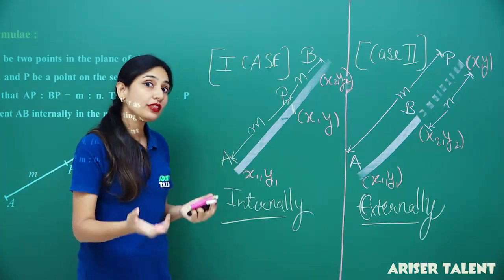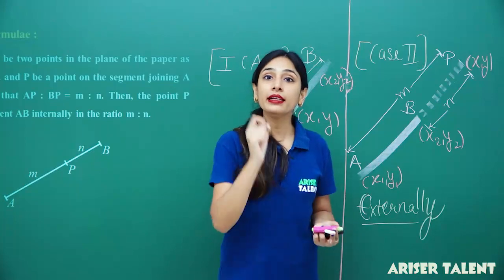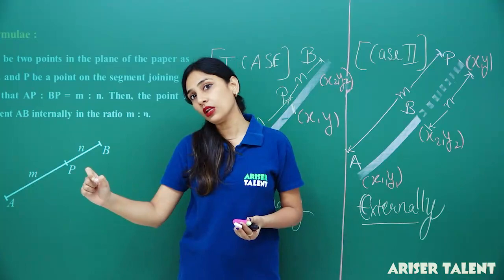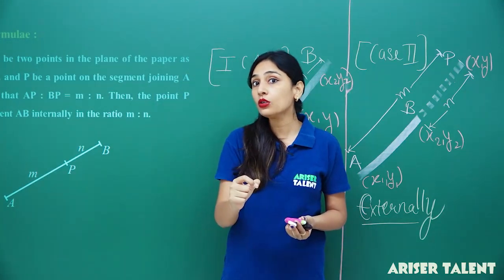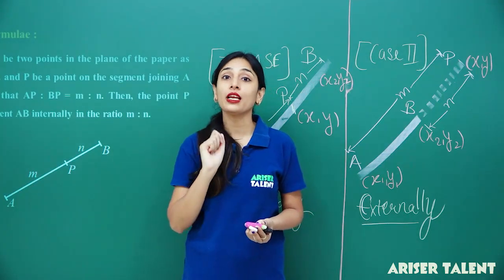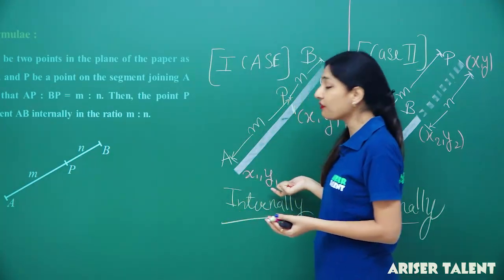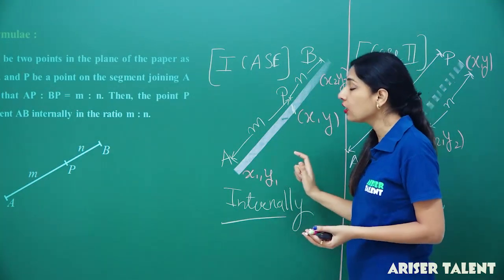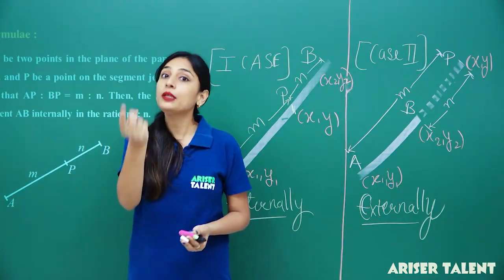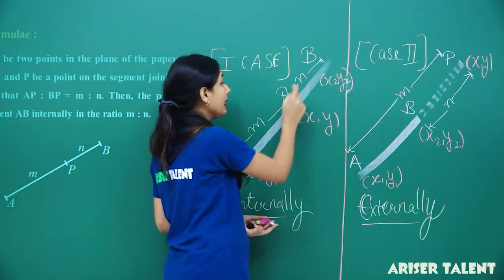So, now what do we have to do? You always know that we find the value of x and y. So, in this complete section formula, we will find the value of x and y. If I am having some values of x1 and y1 here and x2 and y2 here, then there will be values of x and y dependent on the values of x1, y1, x2, y2 and m and n.